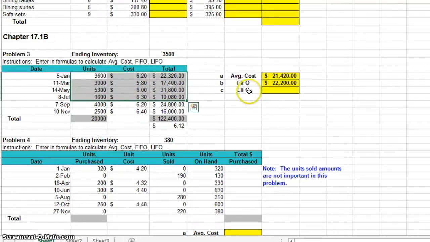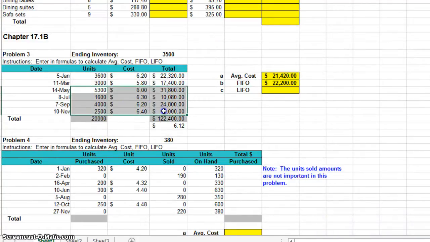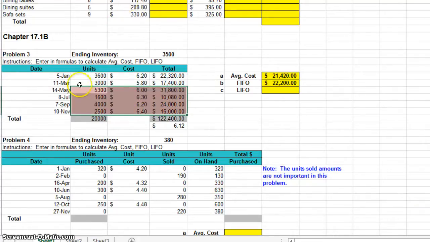and the last one we're going to take a look at is LIFO, last in, first out. So last in was all of this stuff here. I'm going to shade that, and actually I can shade this one right here too.